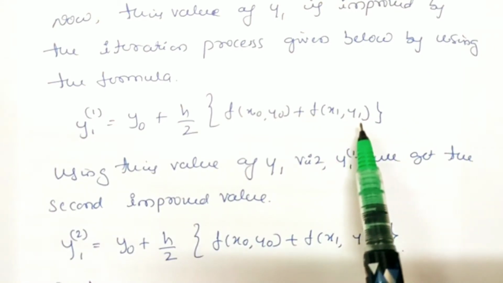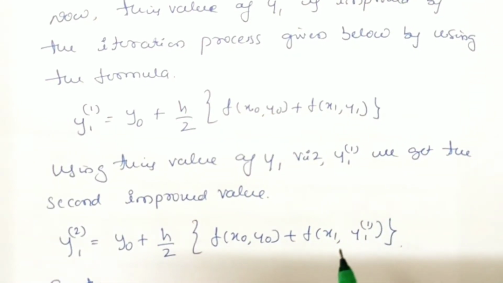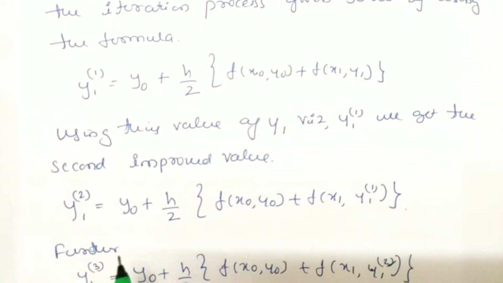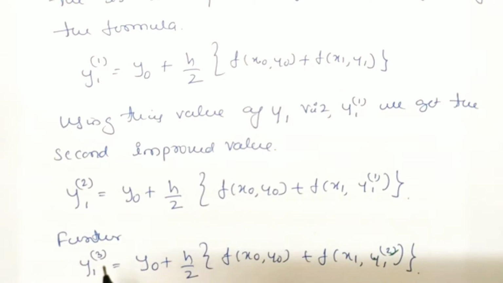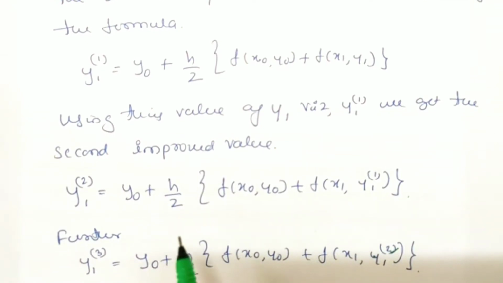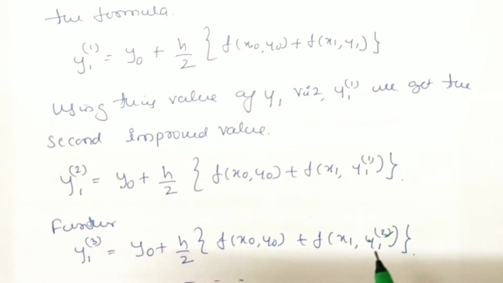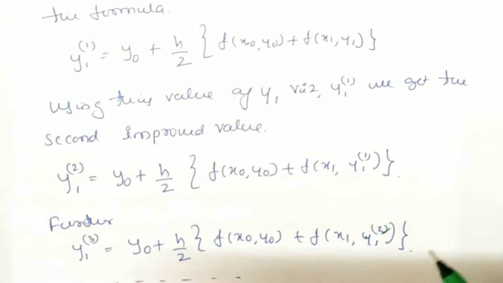Now using this improved value of y1, we get the second improved value: y1 at second iteration is equal to y0 plus h by 2 into f of x0, y0 plus f of x1, y1 at first iteration. Further, its improved value is y1 at third iteration, equal to y0 plus h by 2 into f of x0, y0 plus f of x1, y1 at second iteration.